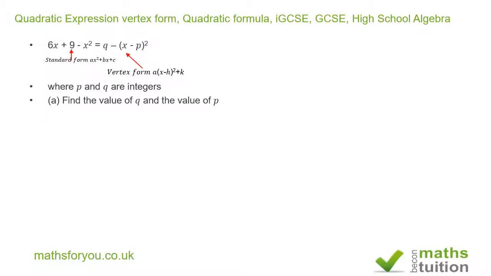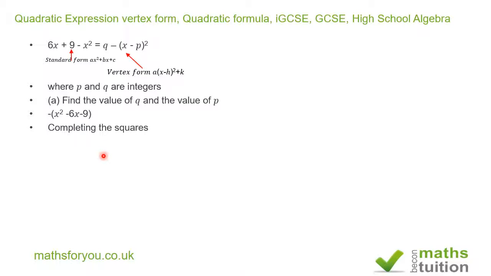To do that, we need to express the original expression in the form minus into x squared minus 6x minus 9. Now, to change this from the standard form to the vertex form, we look at the coefficient of x, in this case minus 6, and half the coefficient of x is minus 3.